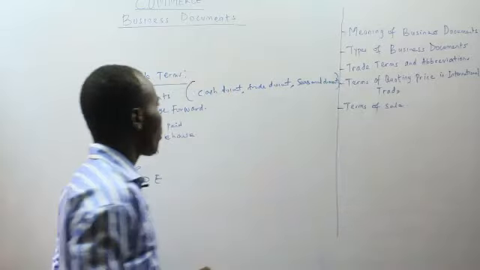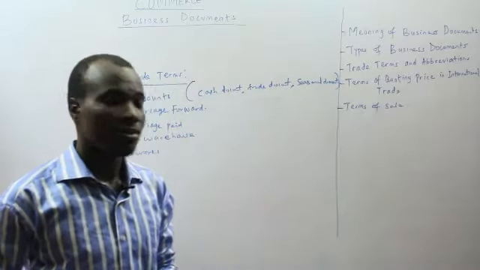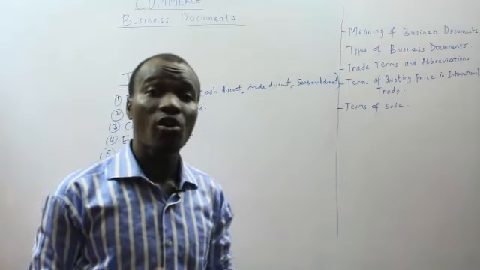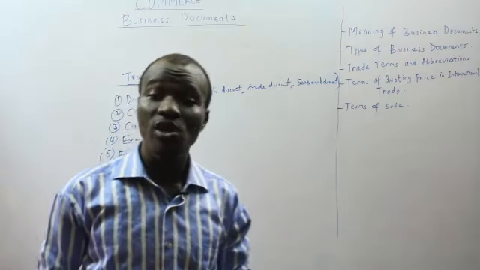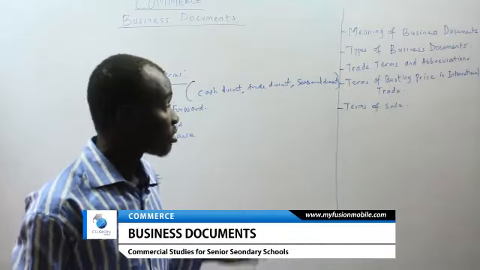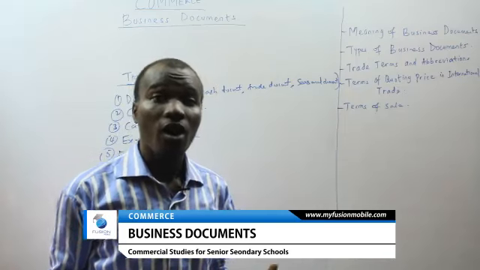So the first discount we have is the cash discount. This discount is usually given to the debtor in order to encourage prompt payment of debt. So it's given to the debtors of the firm.